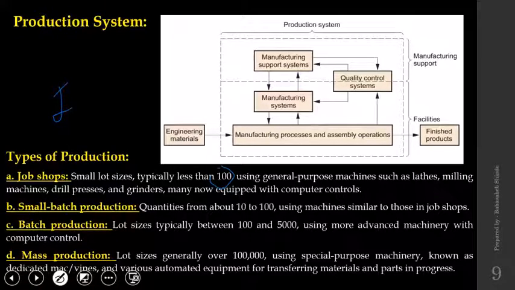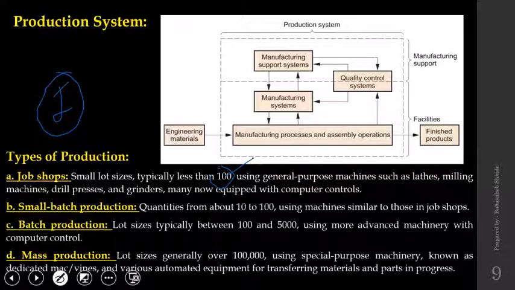So a situation could be like, once in a lifetime, you manufacture one component, and then you shift to another component. There might not be a repetition of a similar component again, or hardly 100 similar components. After that, you need to go for another component.